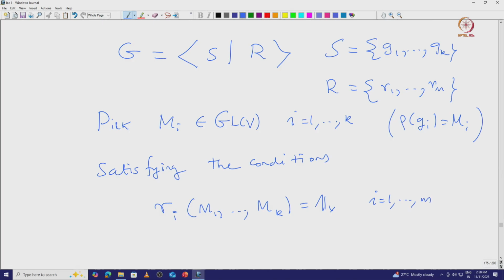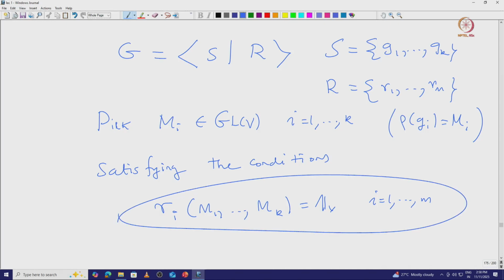So, if we are able to pick invertible matrices M_i satisfying the relations that we have in the group, then we will have a group homomorphism from G to GL(V) sending g_i to M_i, and that defines a representation.